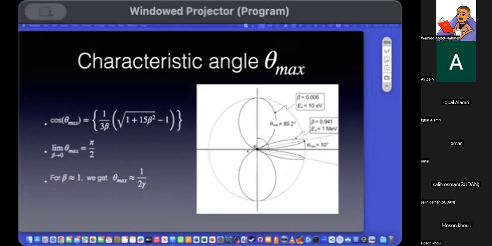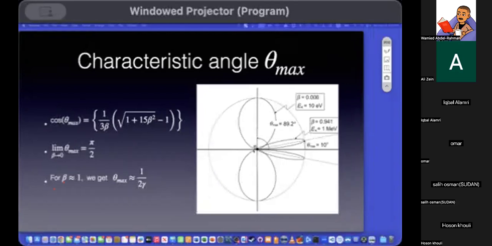So Brahma is emitted in other directions, however, nothing at 0. We're going to get the maximum intensity roughly around 10 degrees. So the maximum from 90 is now shifted to 10 degrees. It's going in the forward direction. By the way, this is just for a single interaction. It's not for a beam.